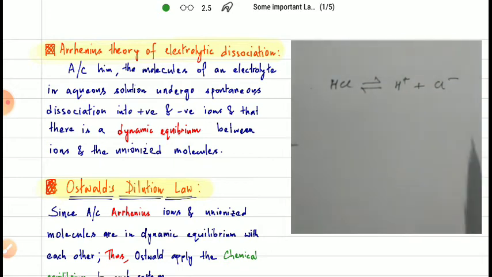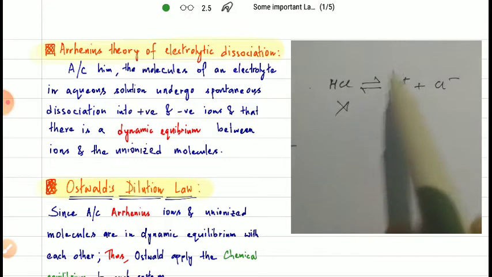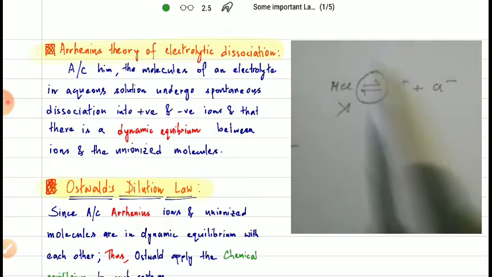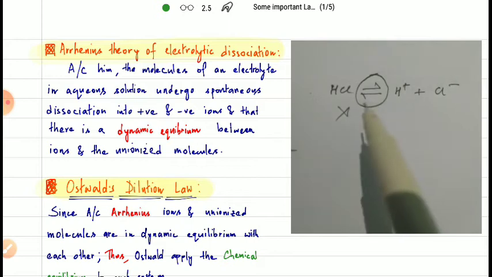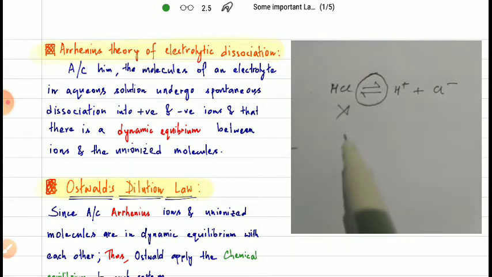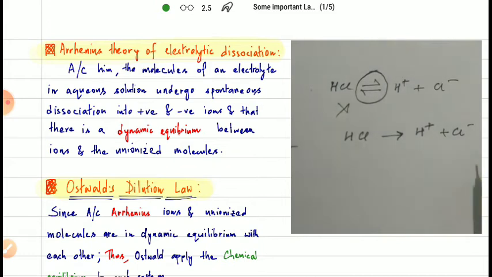Is it right? No, this is not correct. If you write it this way, it will be wrong, because we cannot write the reversible reaction symbol here. We always use only one direction, which means it completely dissociates into its ions, and this is a very fast process.